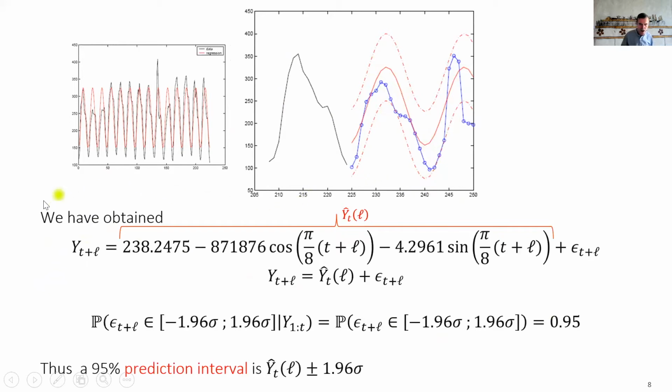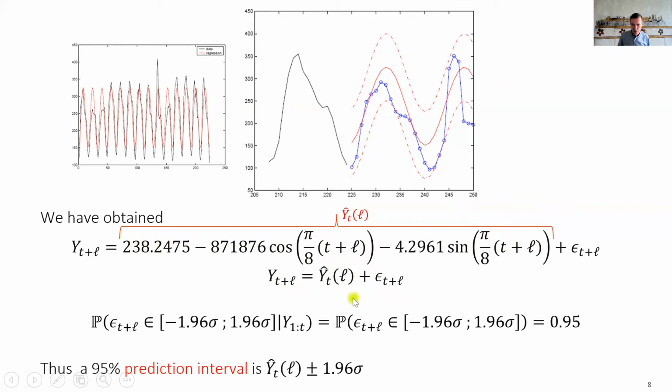Well, let's go back to what we wrote before. This is what my model says the future should be. Now, this big thing here, we said that's the prediction. So I can rewrite this by saying the true value at time t plus L is my prediction plus epsilon of t plus L. And my prediction in this case here is non-random. It's given by this term that does not have any random part.